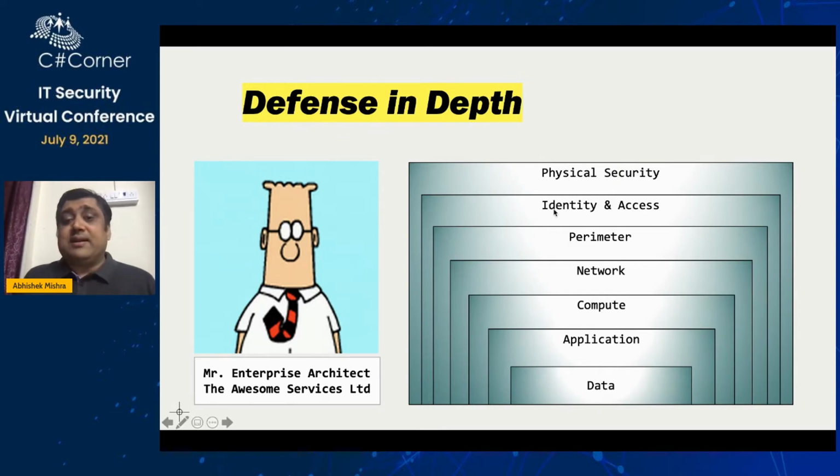And definitely when it comes to the access of our applications, we have identity and access. No one can as such come and access your application. Suppose you are hosting your application on a web app, and you have enabled Azure Active Directory. It is integrated with Azure Active Directory, so no one will be able to log in unless they know your credentials, right?